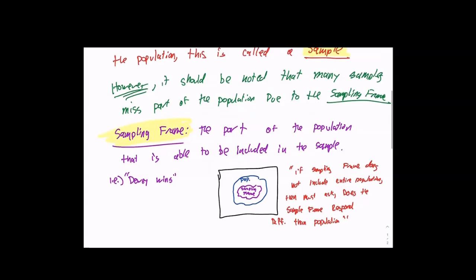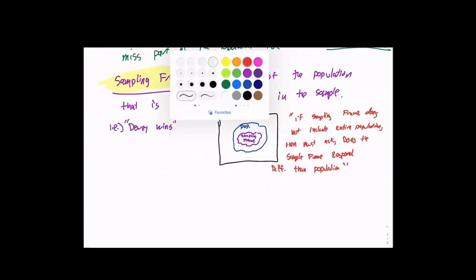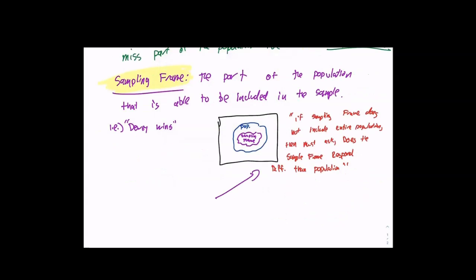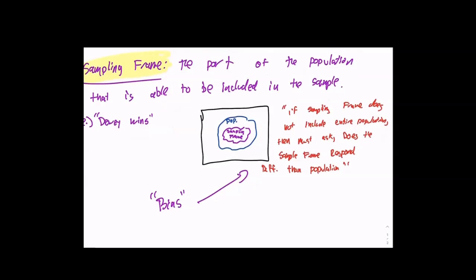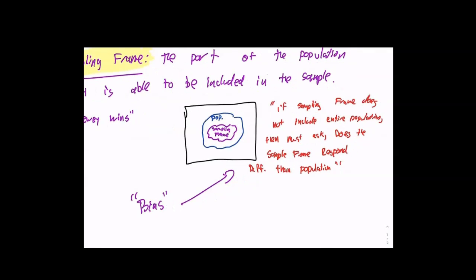Now this is a big thing right here. So this right here is the big idea behind bias. We have reason to believe that the responses will be different than the entire population.